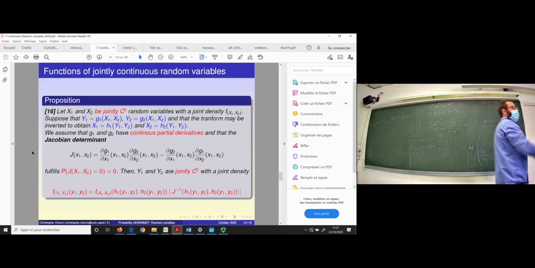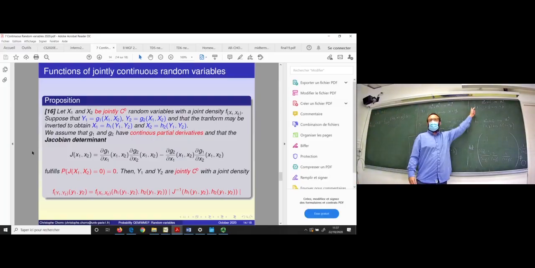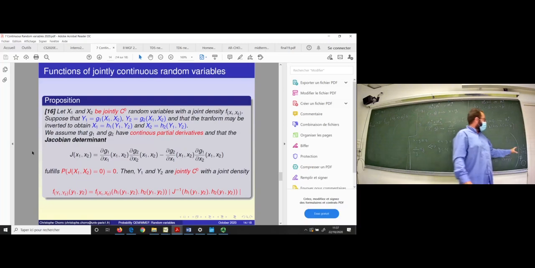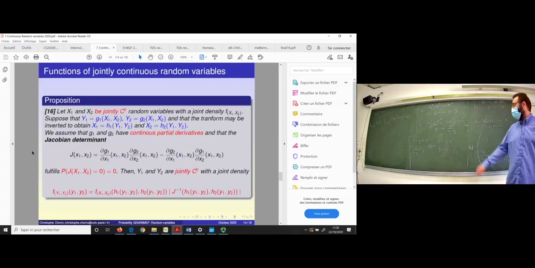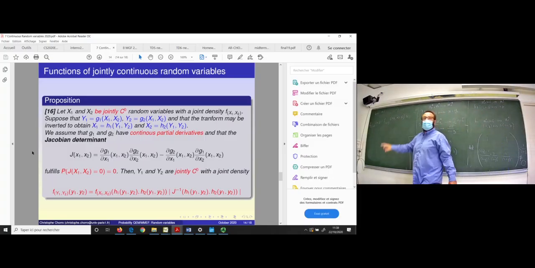This is the formula in red applied to my case with my h1 and h2 that are given by this one, and the fact that my determinant is given by this one. So the inverse is equal to minus (x plus y). The absolute value is x plus y because x and y are strictly positive, and x plus y expressed in terms of s and z is just s. That's why you have s here.